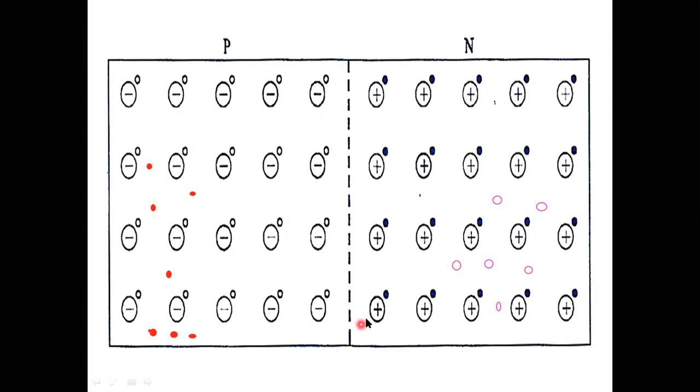So the exchange of charge carriers will be done here. The electrons will move towards the p side, the holes move towards the n side. This is called recombination. The electrons, which are in higher concentration, will move towards the p side and recombine with holes.